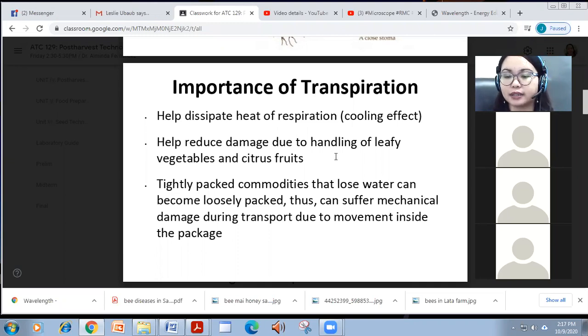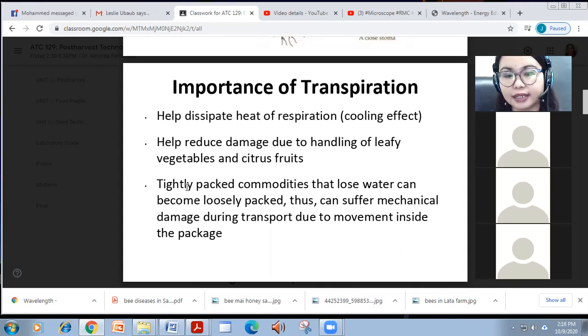Whenever it is so hot in the environment or in the air, the harvested commodity, like cut leafy vegetables, keeps on dissipating, evaporating water in order to cool down. It will cool down, but it will also lose not only some, but almost all of the water inside. So you are right.